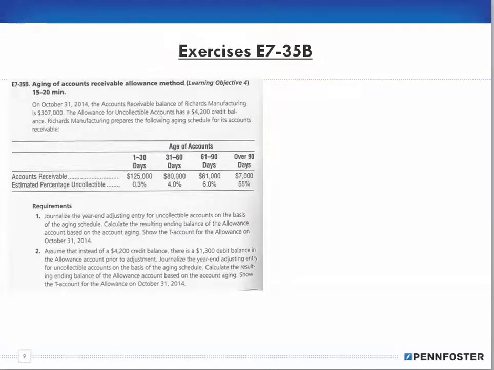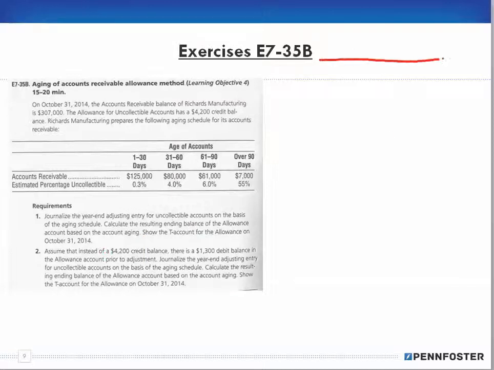The allowance for uncollectible accounts has a $4,200 credit balance, and he prepares this aging schedule. All right, 1. Journalize the year-end adjusting entries for uncollectible accounts on the basis of the aging schedule. Calculate the resulting ending balance of the allowance account based on the account aging. Show the T account for October 31st.